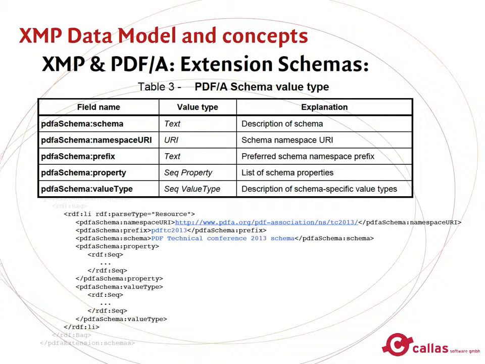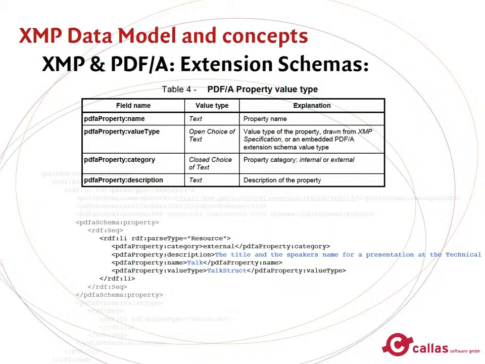I have to give it a description, a namespace URI, and a preferred namespace prefix, and I have to define a sequence of properties and probably value types. So here are the properties. I've just included one of them, and it's the same procedure for each of the stages.